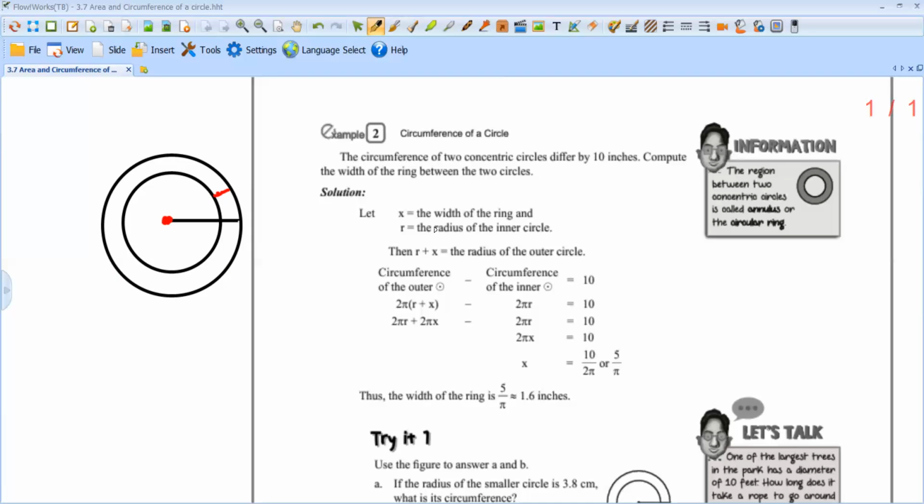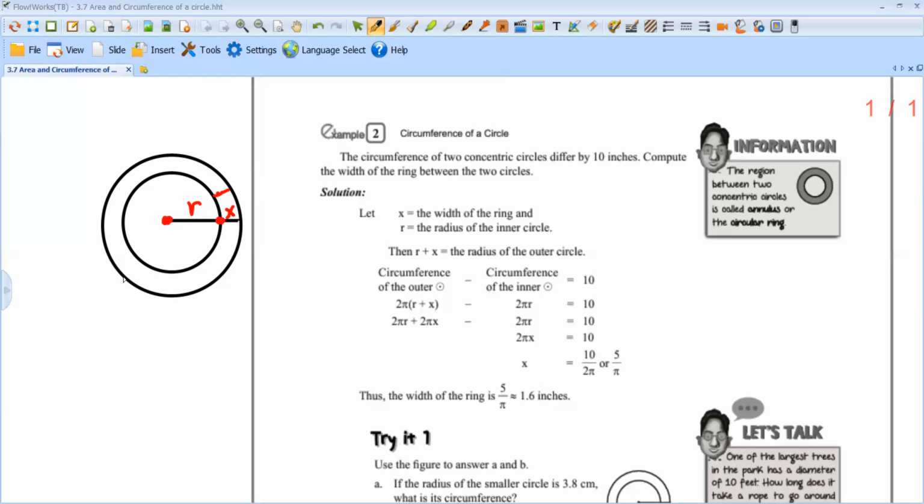Let x be the width of the ring, and r the radius of the inner circle. So let us make this r, the inner circle, and the width of the ring is x.